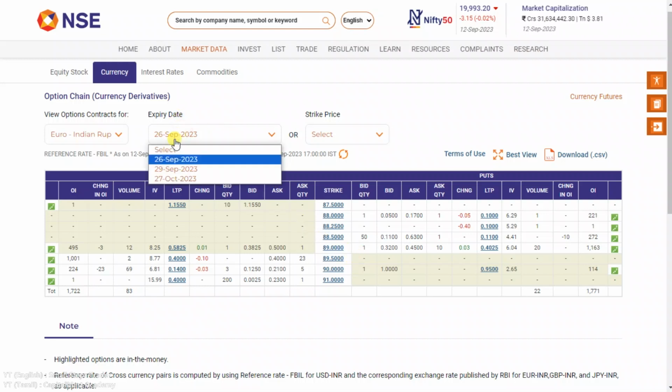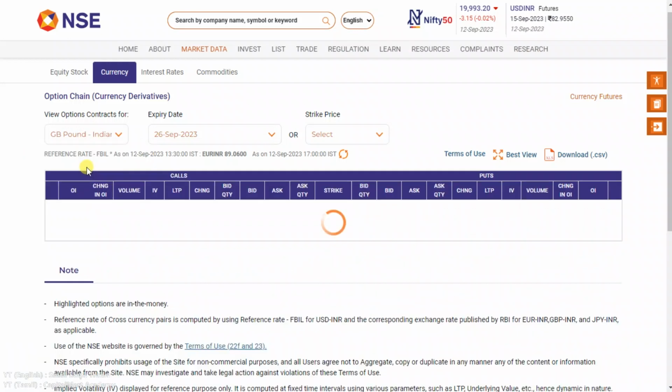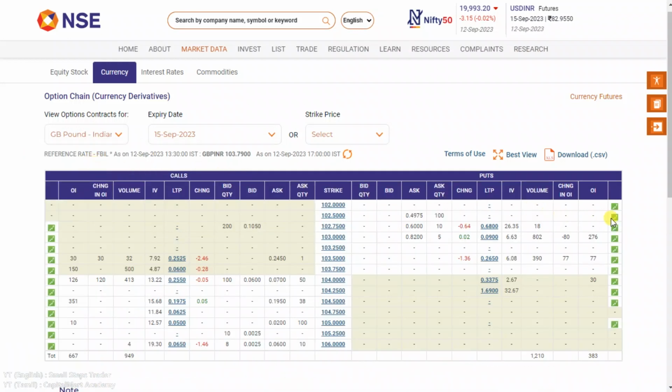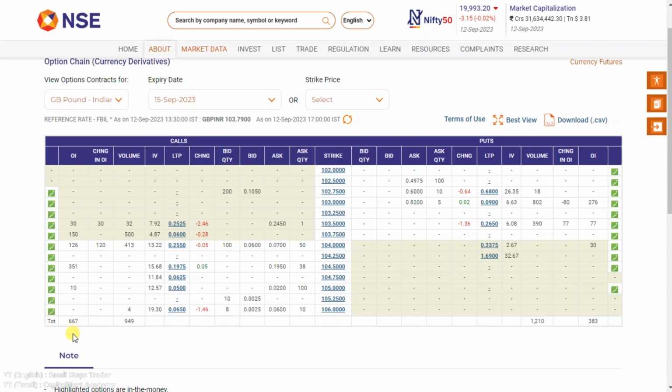If you see, there are no weekly options, not a single contract. That's the reason it's not showing here. And if you see GBP compared to euro, it is somewhat better. See the weekly option, just 600 contracts, and puts 300, 400 contracts. So here also it is very tough.